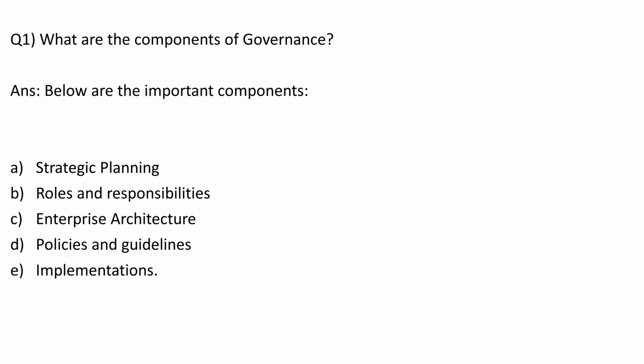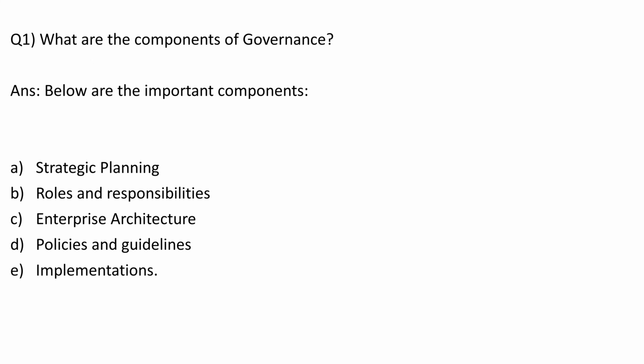Second is roles and responsibilities. After planning, we have to distribute which associate will do which kind of role. That means roles assigned and responsibilities aligned. Next is enterprise architecture. After this, we have to architect from the enterprise point of view. Second last is guidelines and policies.